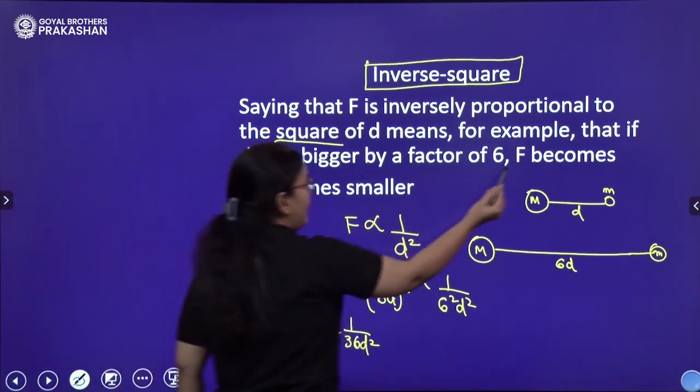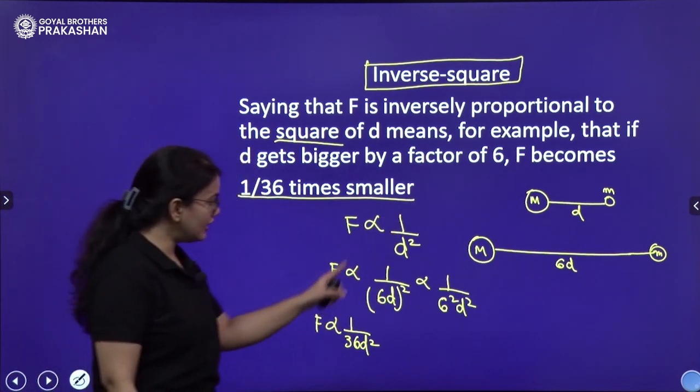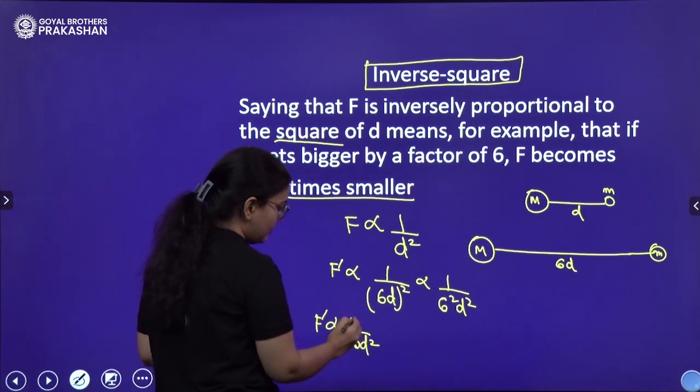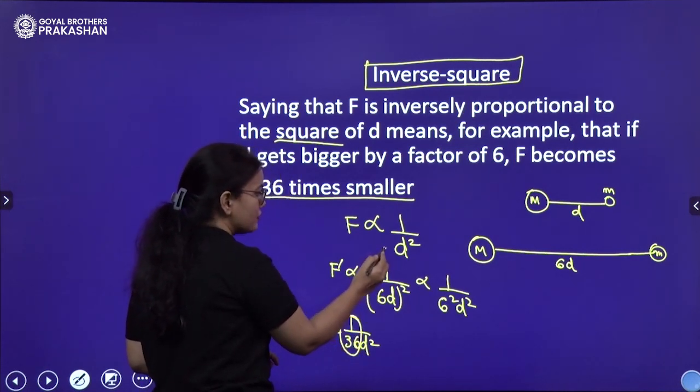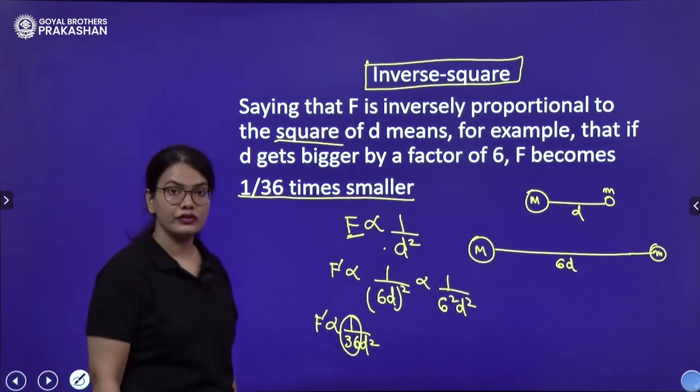That is what it is saying. The F becomes 1 by 36 times smaller. Initially F was this, let us say this is your new F. So, this has become 1 by 36 times of this F, right. This is the meaning of inverse square.